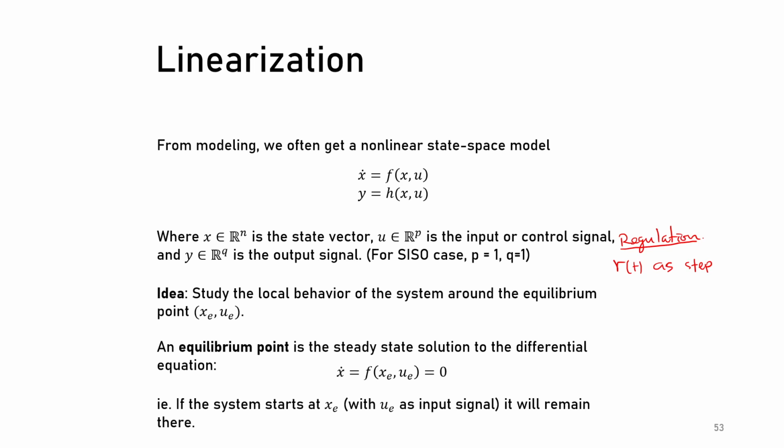And this means that we have the equilibrium point for the state. It means we desire the state to converge to equilibrium. Let me give you an equilibrium of a pendulum. Let's say we have a pendulum like this. This is the angle.